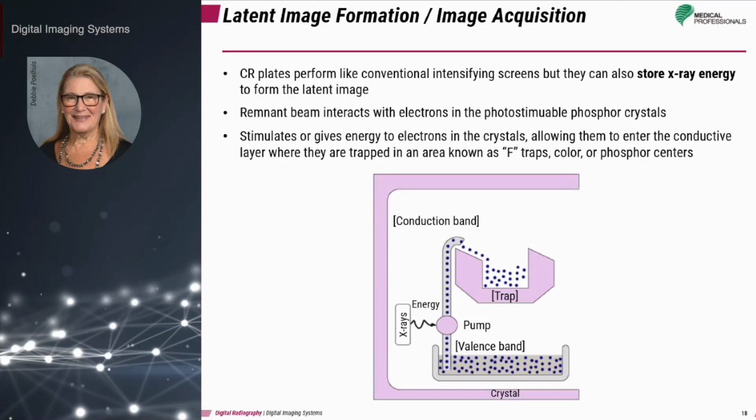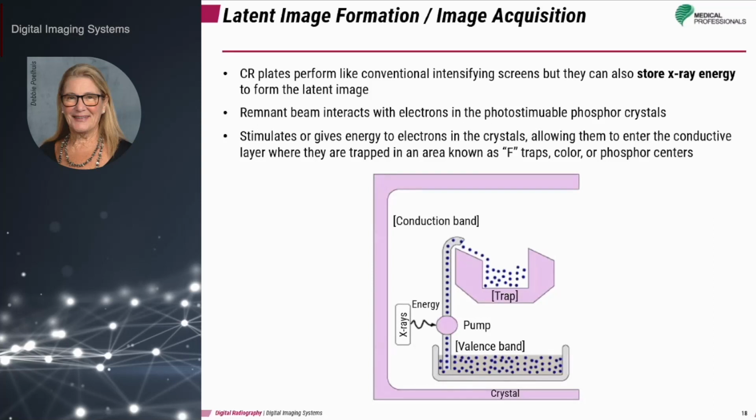Approximately 50% of these electrons become trapped in the conduction band of the phosphor atom. Here is the conduction band, and here is the trap. Some of these higher energy electrons spontaneously return to their resting energy state by emitting energy in the form of light.